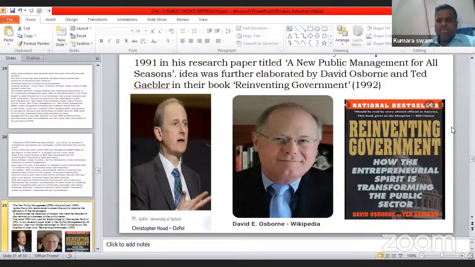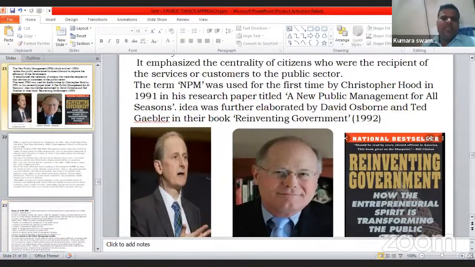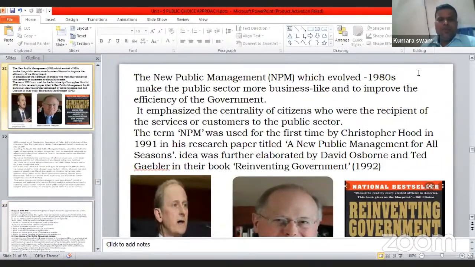In new public management, we have prominent thinkers or proponents, especially of new public management, which evolved in the 1980s. They make the public sector more business-like and provide efficiency in government. It means new public management focuses on running the government like a business.